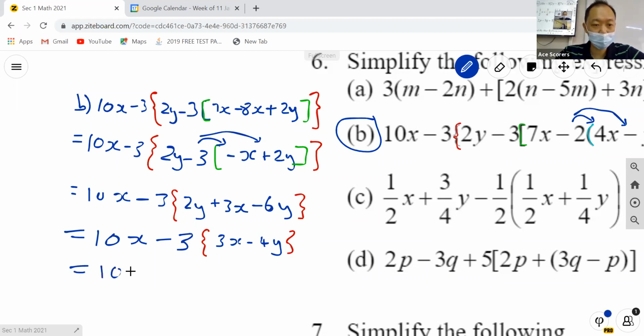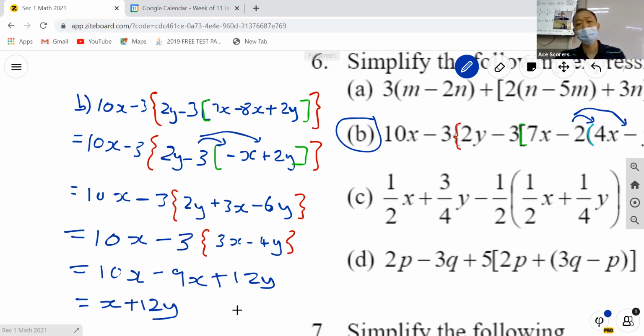There's multiple steps involved, but it's just logical and systematic. The word is systematic. And finally, our answer is x plus 12y. Okay, after solving all the different problems.